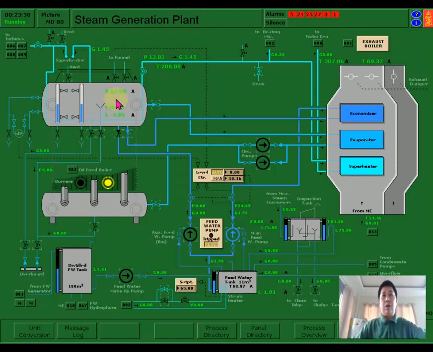Normally our boiler on board is a low pressure boiler, so we have only 7 to 8 bar working steam pressure.